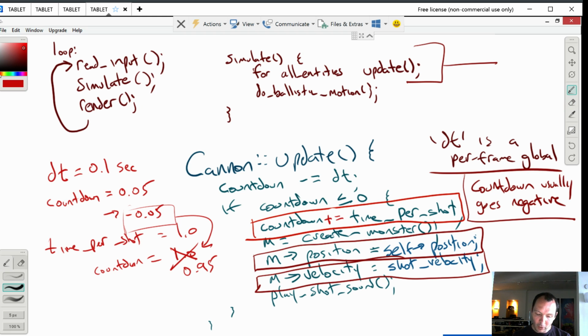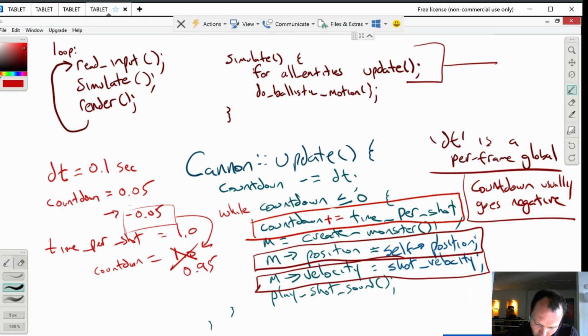And because it's plus equals, then this should really be while, because maybe for whatever reason, this is going to happen more than one time. Who knows, right? For a cannon, it would have to be a very fast shooty cannon, so you probably don't need that while, but we're making it correct, right?